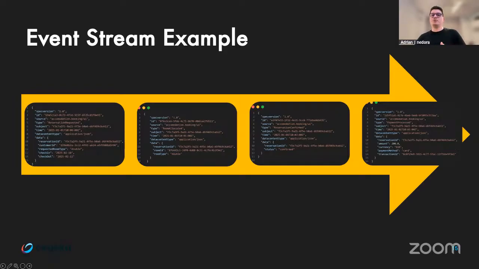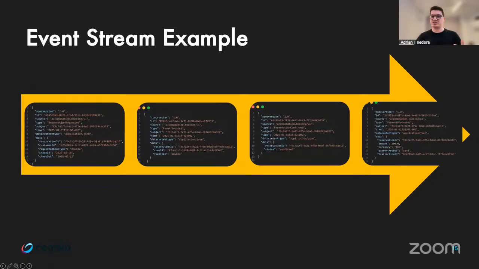This sequence of events is the timeline for that specific reservation. By reading this stream in order, we can reconstruct the entire history and the current status of that reservation. This also gives us a precise audit trail.